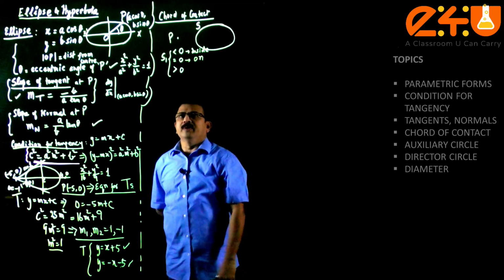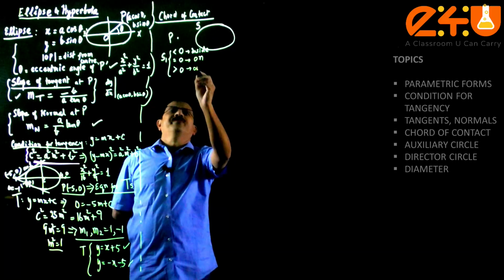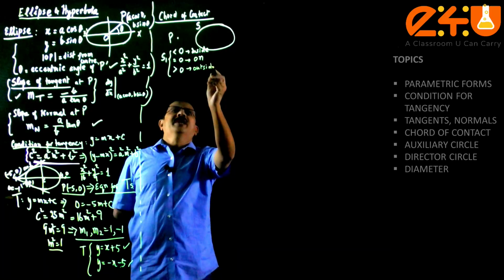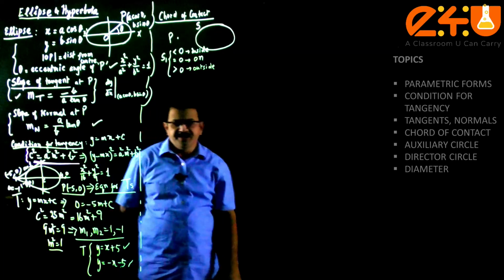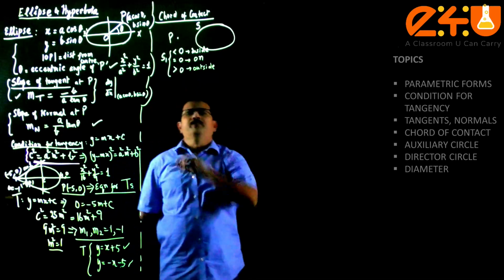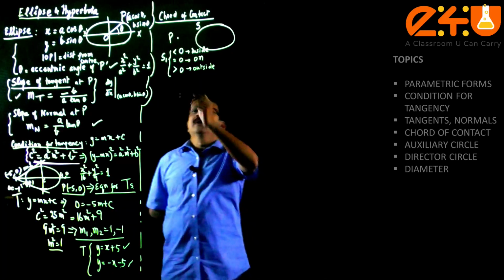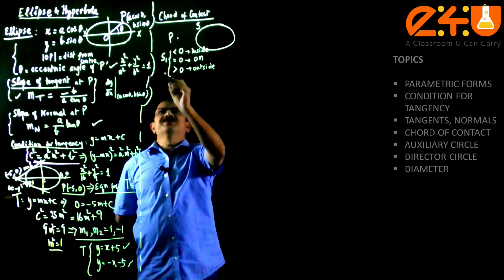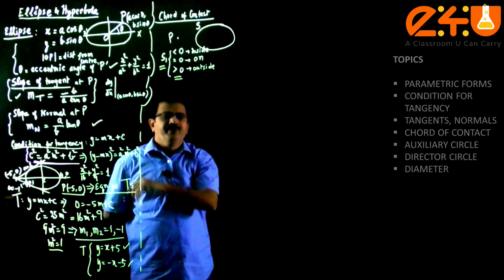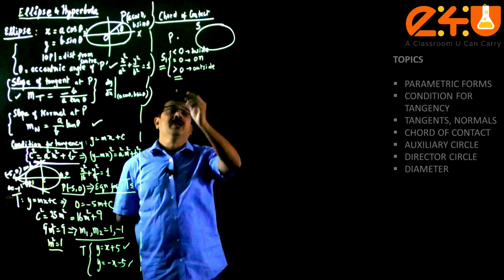S1 equal to 0 implies the point is right on the ellipse. S1 greater than 0 implies the point lies outside. So if we wish to prepare the chord of contact from a point, the essential criterion is S1 greater than 0 for that point with reference to the equation of ellipse S.